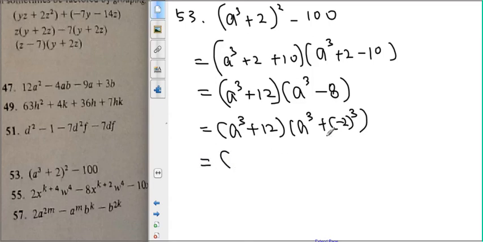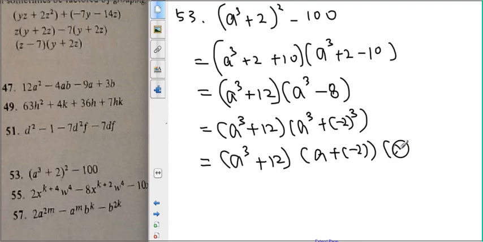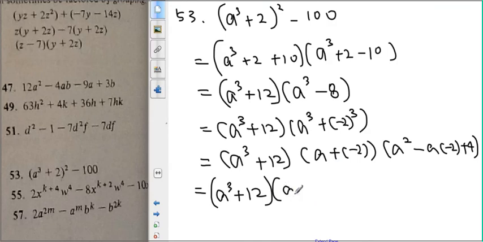Then using the sum of perfect cubes formula, a cubed plus 12, then we get a plus negative 2 times a squared minus a times negative 2 plus the square of this one, which is equal to 4. Now if I rewrite this one, a cubed plus 12, and here we get a minus 2, and here we get a squared plus 2a plus 4. And that becomes the answer for 53.